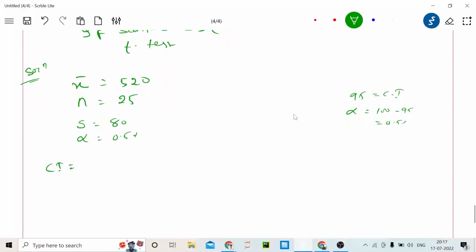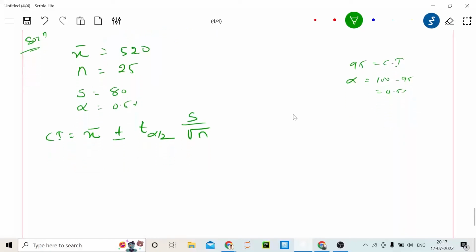Confidence interval is x bar plus minus t alpha by 2 times s by root n. Here x bar is 520 plus minus t of alpha by 2, that is 0.05 by 2, then s is 80, and we are supposed to take the root of n, that means root 25. So that is 520 plus minus t of 0.025 times 80 by 5.